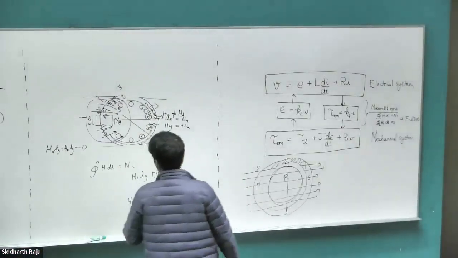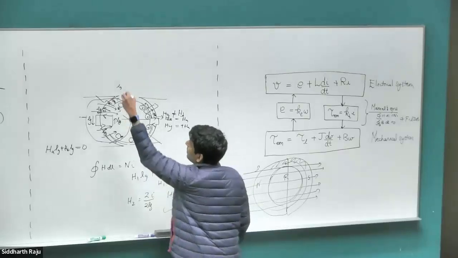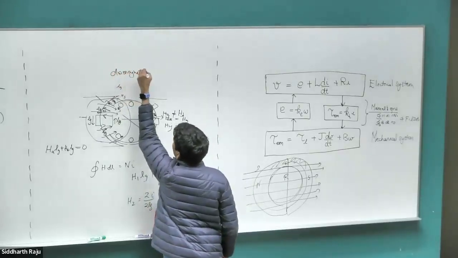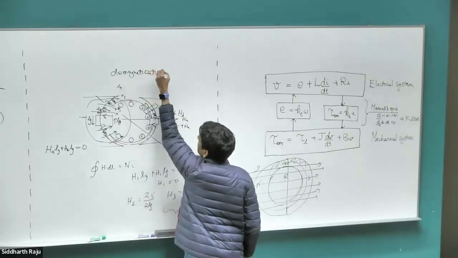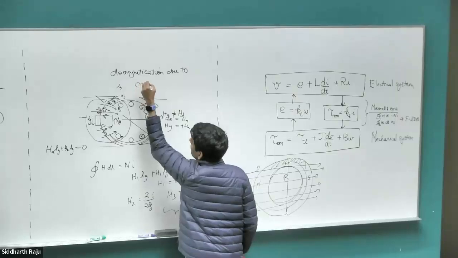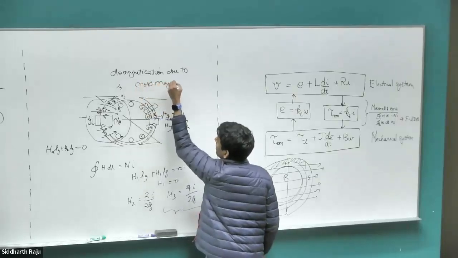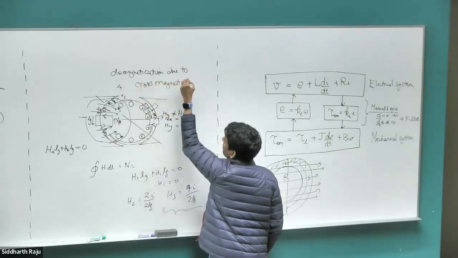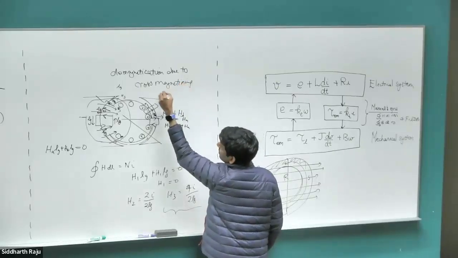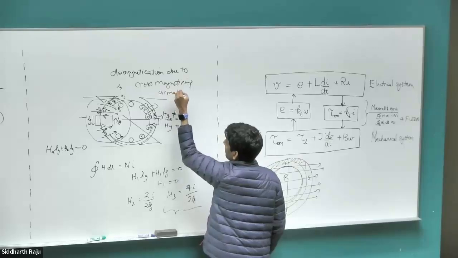So the cross magnetizing field causes demagnetization due to cross magnetizing armature reaction.